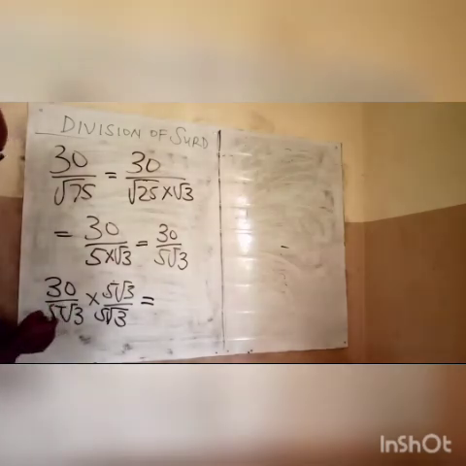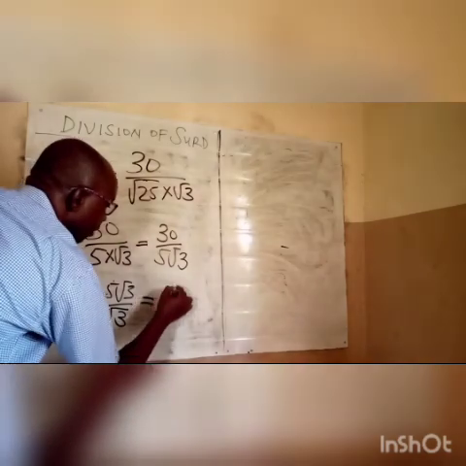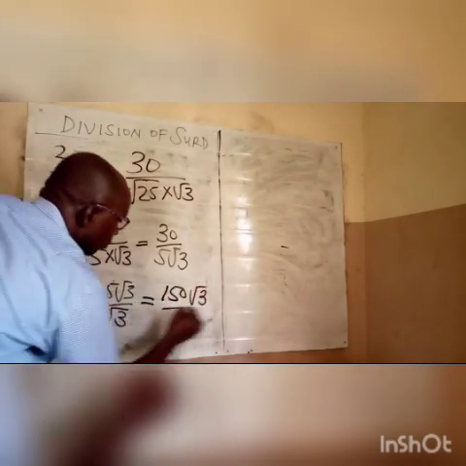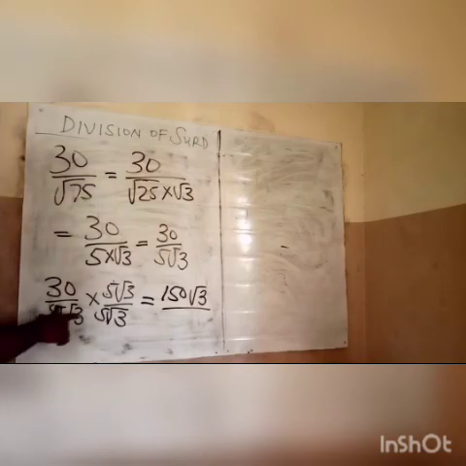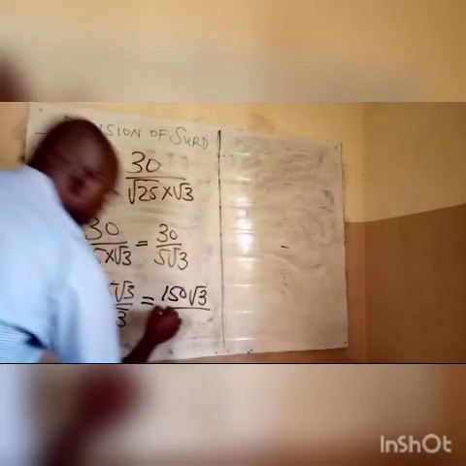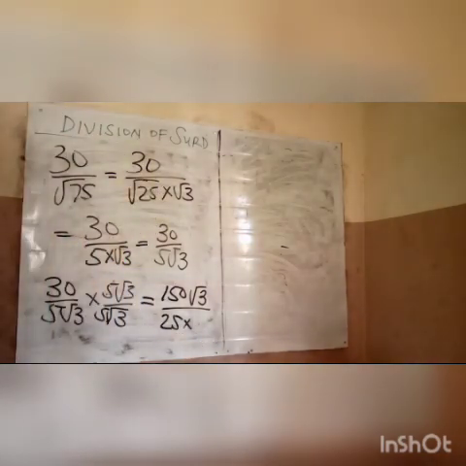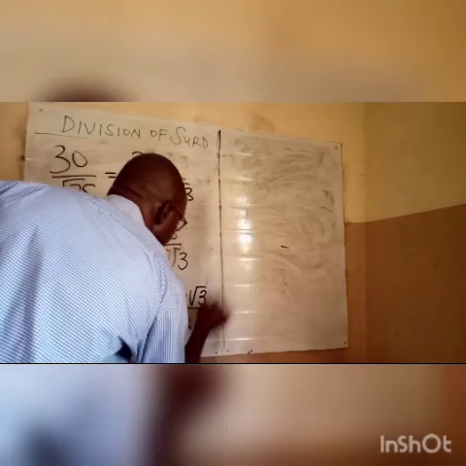Okay, 150, and this times this, we now have 150 root 3 over 5 times 5, 25. 25 times root 3 times root 3. Root 3 times root 3 will give you ordinary 3.